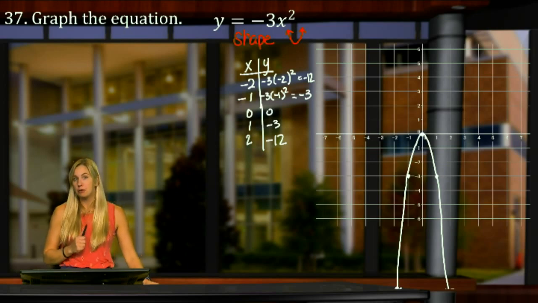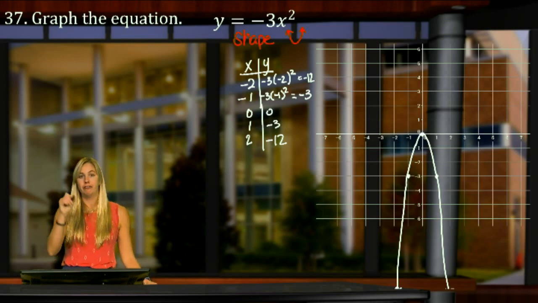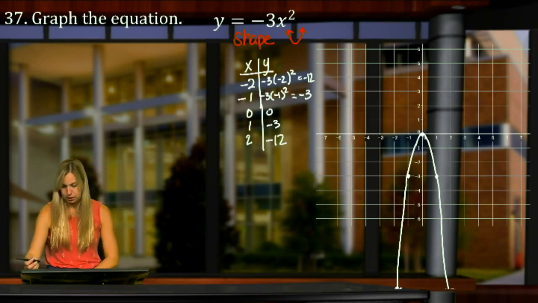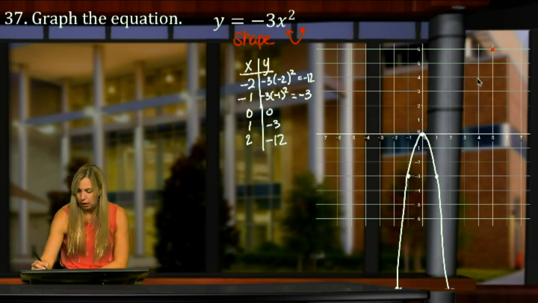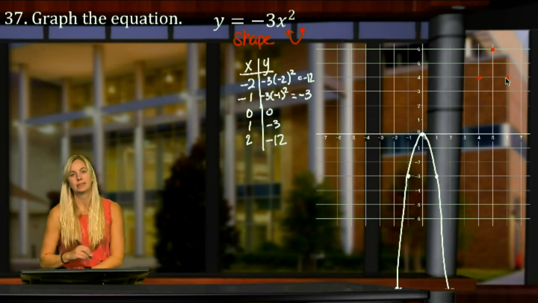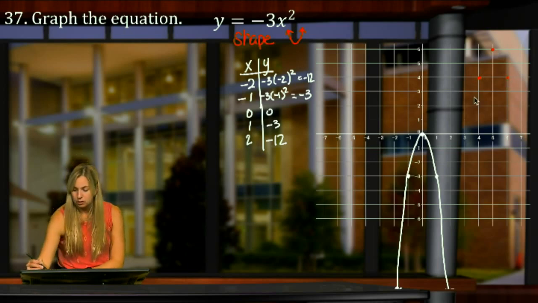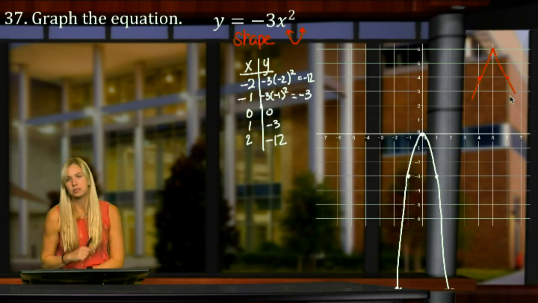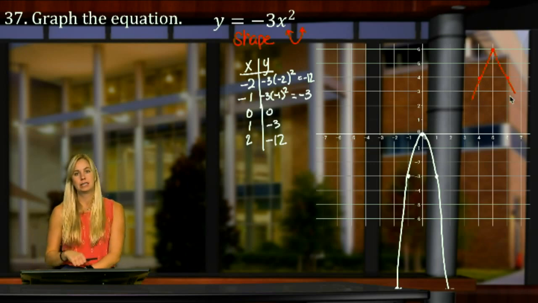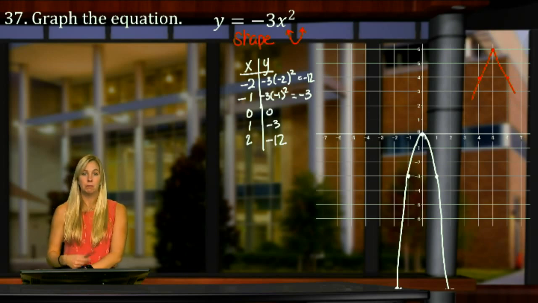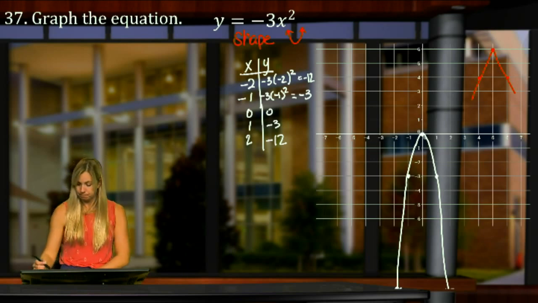If you only graph 3 points, you might accidentally graph it using a V. I'll show you up here what I'm talking about. If I were to only plot these points, even though it's supposed to be curved, you could very easily connect those points with 2 straight segments, and that would lose some points for you, okay? We need to make sure that if it's supposed to be curved, that it looks curved.